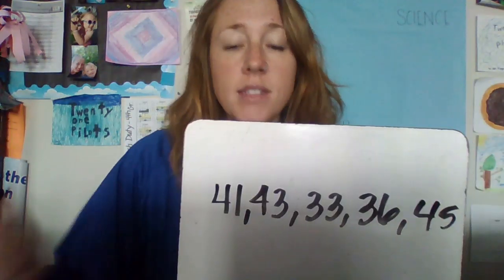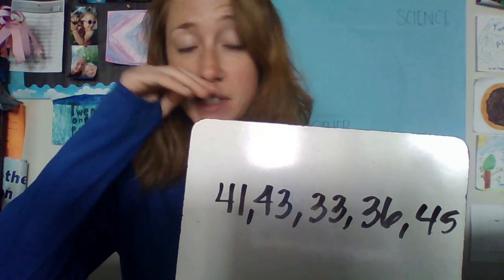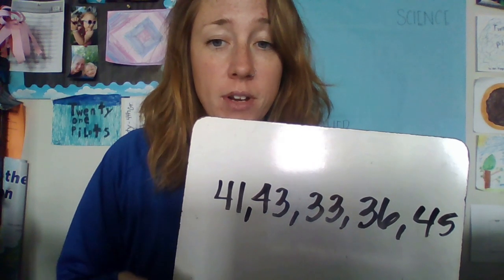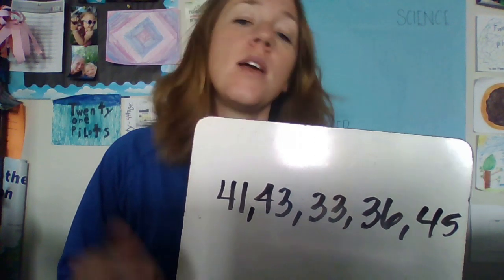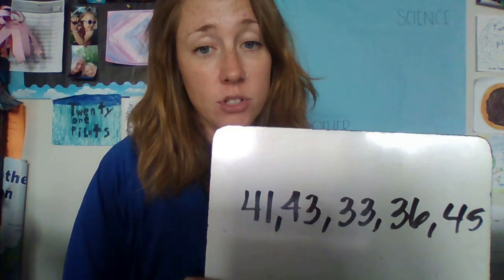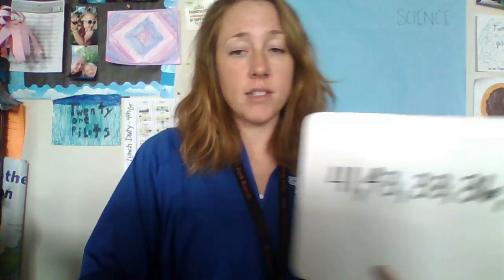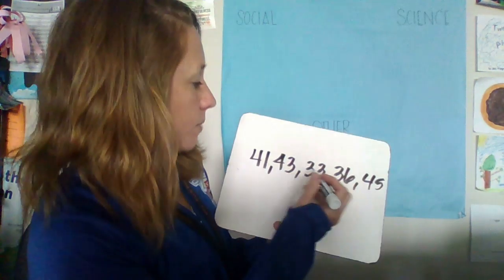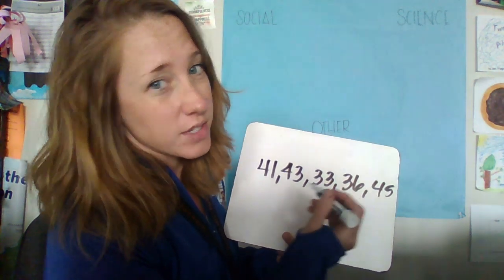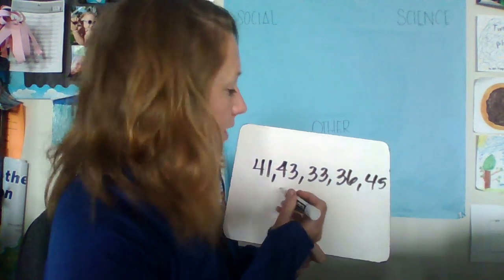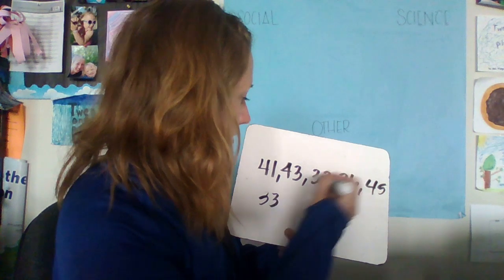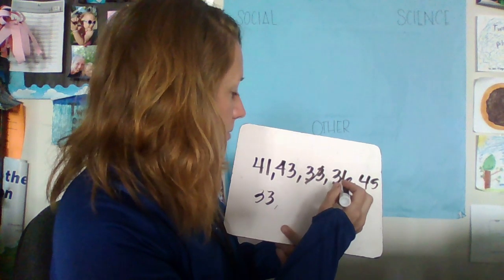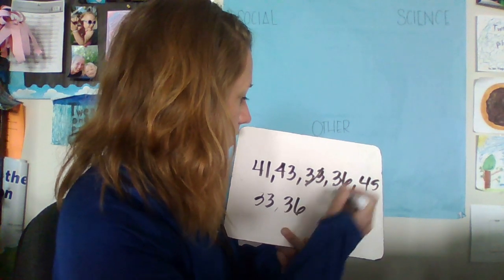Let's do another. Let's say these are the number of pages in some books that I've read. So I have 41, 43, 33, 36, and 45. And I want to find the median. The first thing I'm going to have to do is put these in order from least to greatest, like I said before. So what I do is I cross it out. You can't do that on the computer, but you could rewrite it on this paper. So I have 33. The next smallest number is 36.